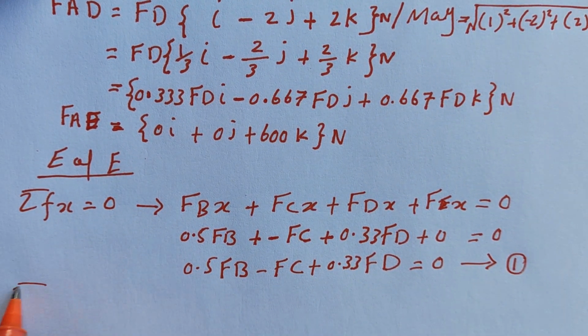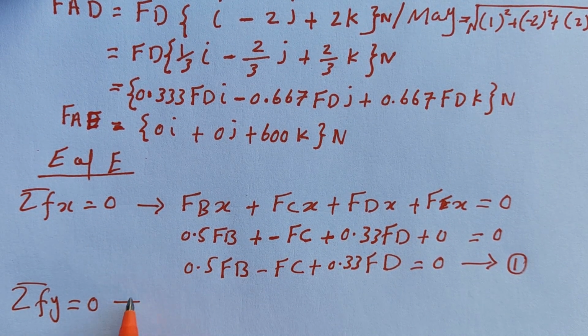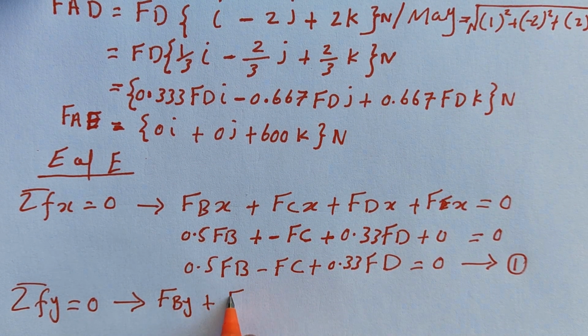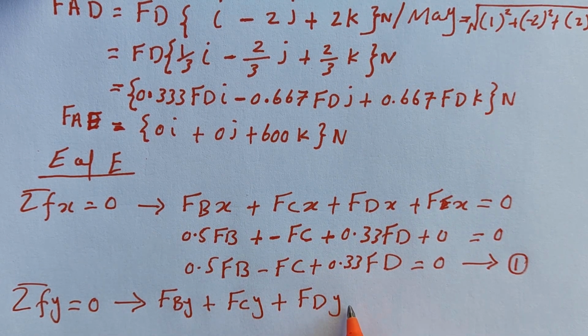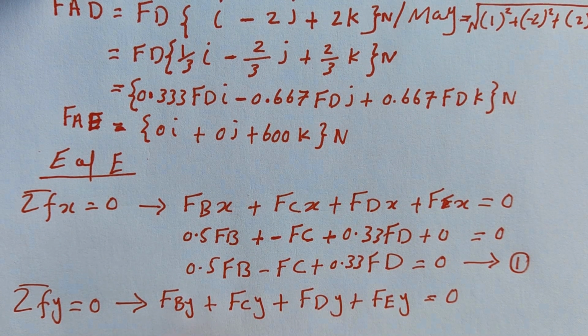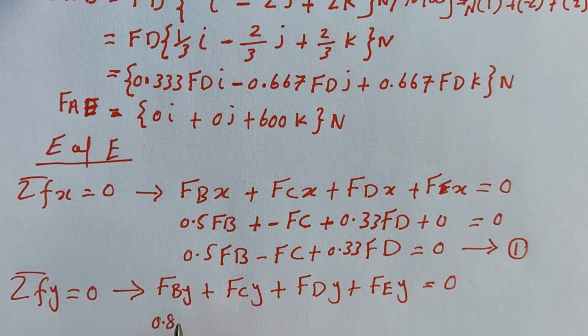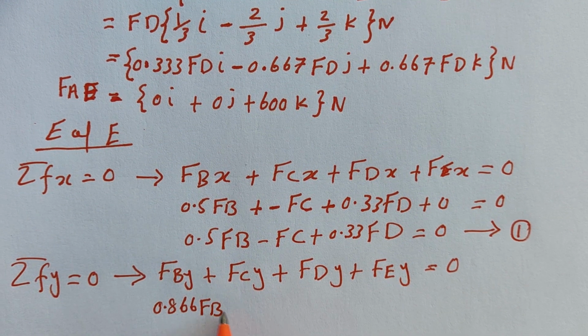Then we sum all the forces on the y-axis, which should equal 0. So FB on the y-axis plus FC on the y-axis plus FD on the y-axis plus FE on the y-axis, all of them should equal 0. Just plug in the values if they have any. For FB on the y-axis we have 0.866 FB.